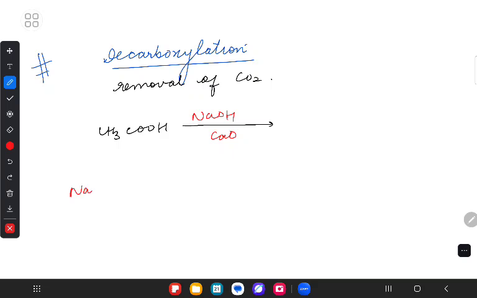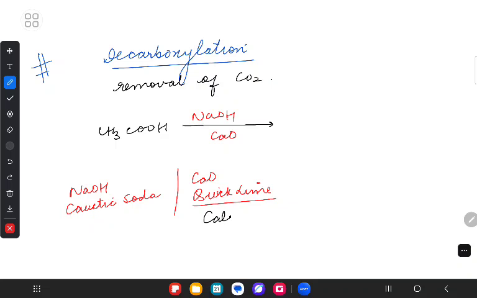So, NaOH is called caustic soda, and CaO is called quicklime. Calcium oxide is its chemical name and quicklime is its common name. Now, see, understand. So their reaction happens here.